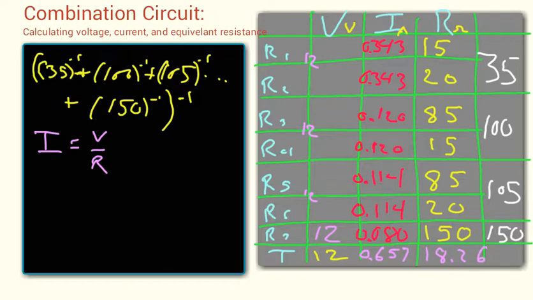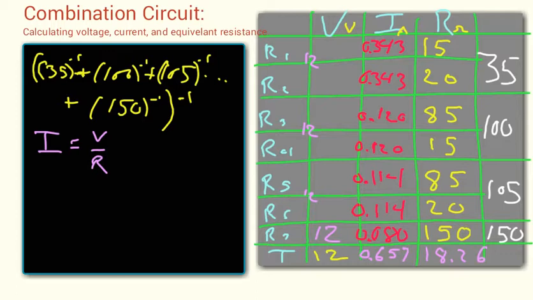And lastly, R7 on its own branch with all 12 volts divided by all 150 ohms of resistance gives us 0.080 amps of current. Something tells me this R7, this piezoelectric buzzer, is probably not going to make any sound.